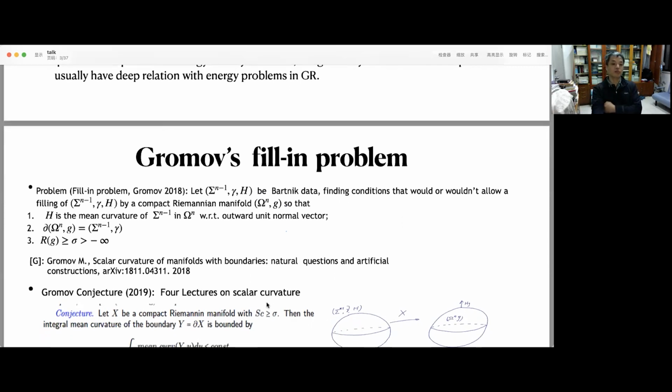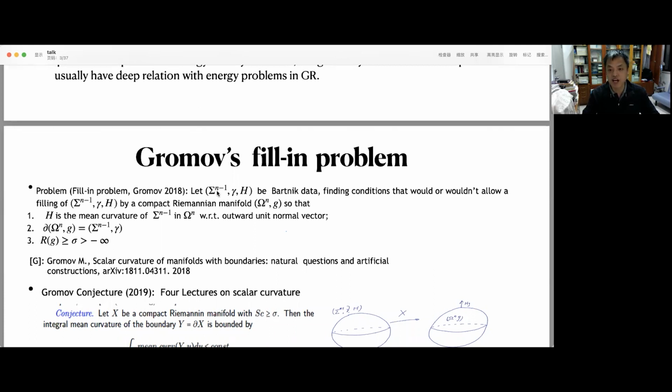This problem was proposed by Professor Gromov about four years ago. Now, here is the formulation. Let this triple be boundary data, which consists of a Riemannian manifold (Sigma, gamma), and H, a smooth function defined on Sigma, which will serve as a mean curvature later.